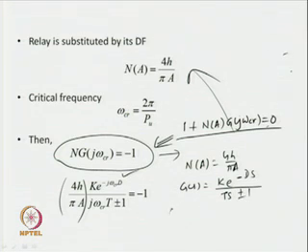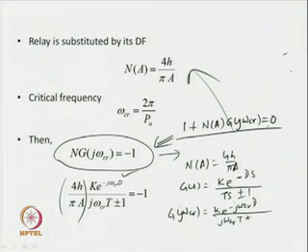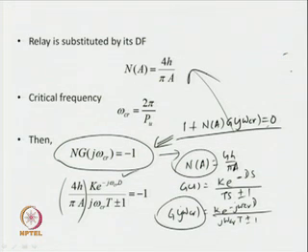So, in the frequency domain, that can be written as G(jω_cr) = k e^(-jω_cr d)/(jω_cr T ± 1). Substitution of this N(a) and G(jω_cr) over here gives us this equation.